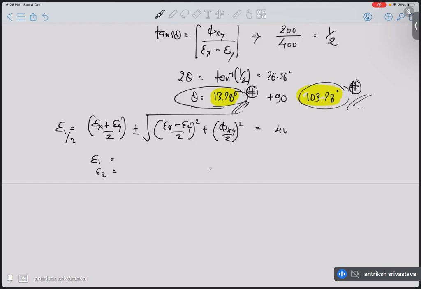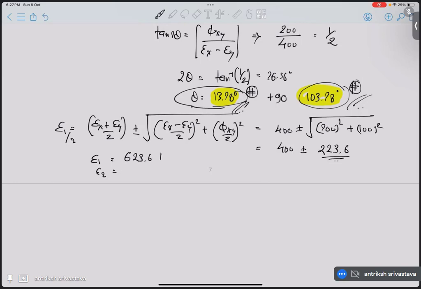So we have here 400 plus minus root under 200 square plus 100 square. This is 400 plus minus 223.6. Right, so this is 623.6, and then when we subtract, it is going to be 176.4.